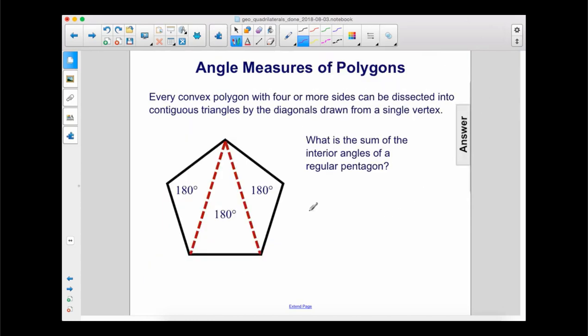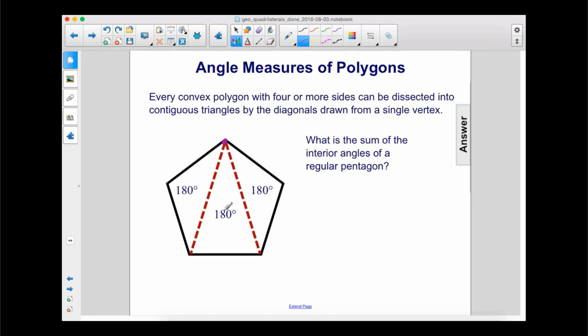Every convex polygon with 4 or more sides can be dissected into contiguous triangles by the diagonals drawn from a single vertex. What is the sum of the interior angles of a regular pentagon? Alright, so we choose this vertex, we draw diagonals. Now we have 3 triangles in here.